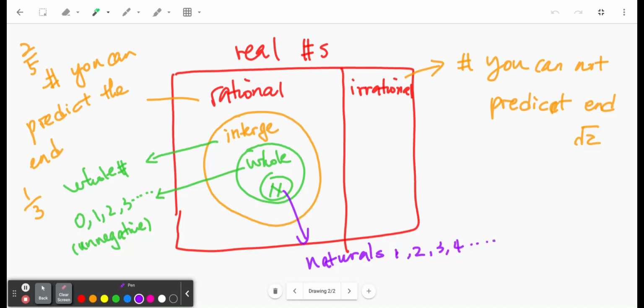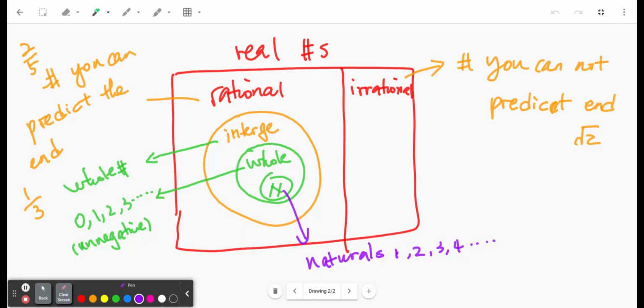All right. If you look at that Venn diagram, the biggest section is real numbers, anything that's not imaginary. Real numbers are divided into rational and irrational. Rational is the one where you can predict the end, like the examples we just used. Irrational is the one where you cannot predict the end.